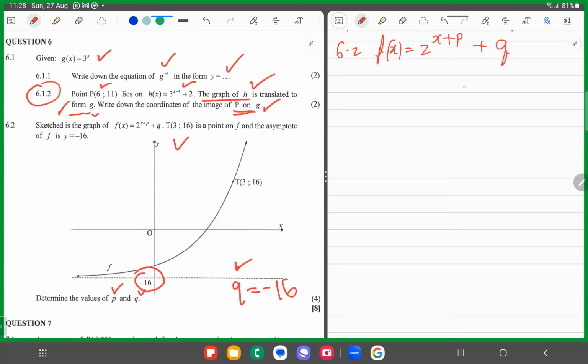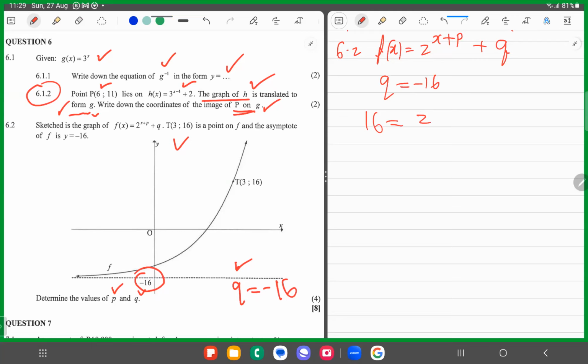So our q is minus 16. Which means our 16 is 2 to the power t. And then now we're going to do a substitution.